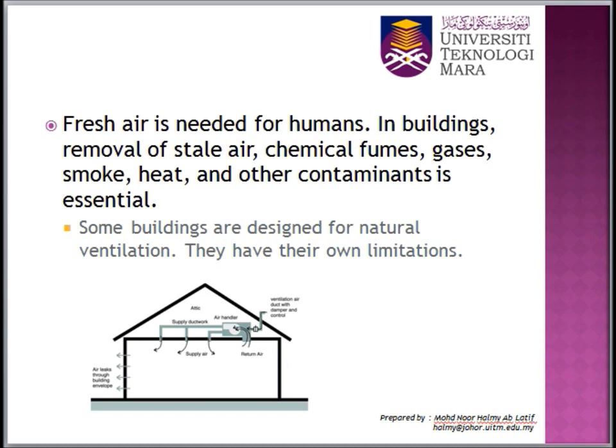Kat dapur tu ada penyedut asap kan. Bayangkan kalau kat rumah itu tak ada penyedut asap, so satu rumah akan bau masakan. Betul tak? Satu rumah akan bau masakan sampai kadang-kadang terlekat bau-bau tu dekat langsir, sofa.